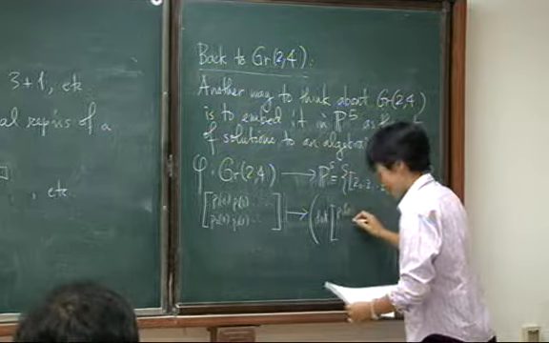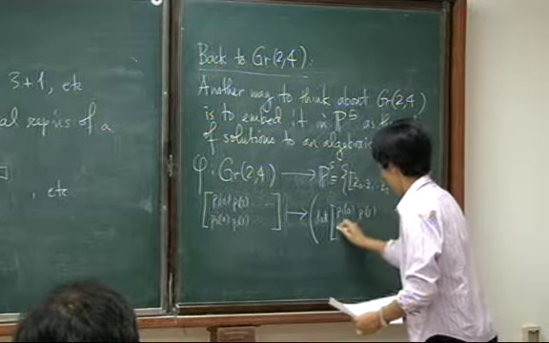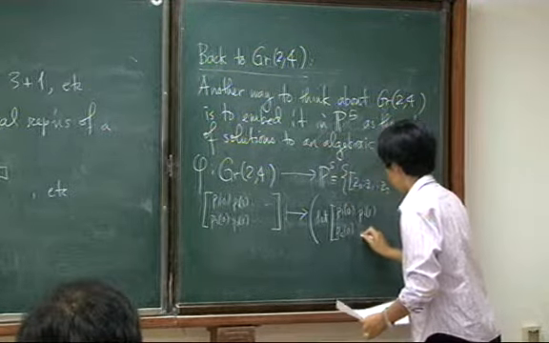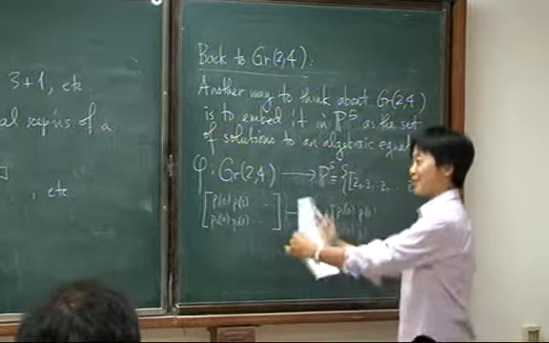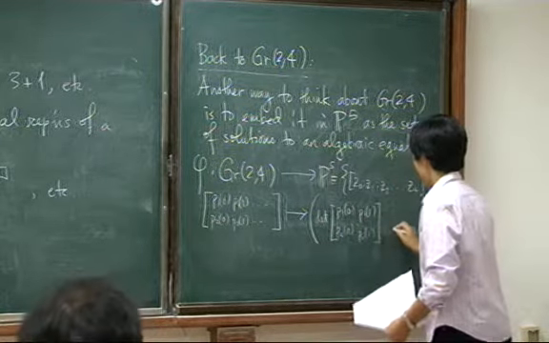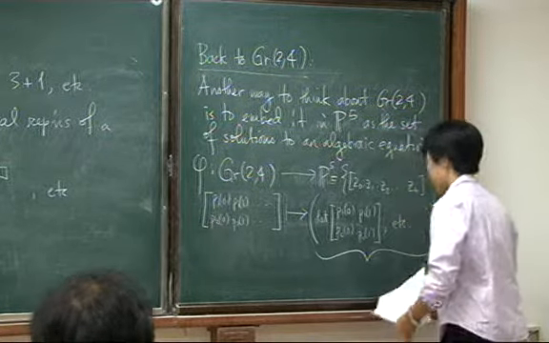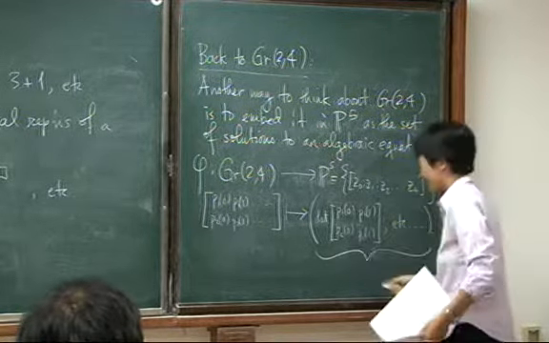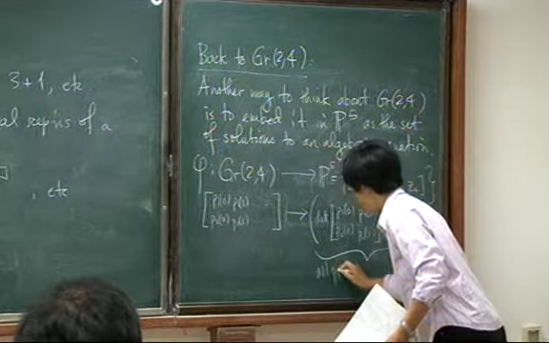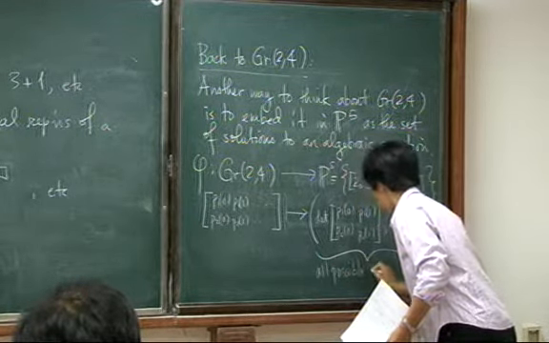P2,0, P2,1. So the leftmost 2x2 matrix, etc. It's just all the possible 2x2 minors.